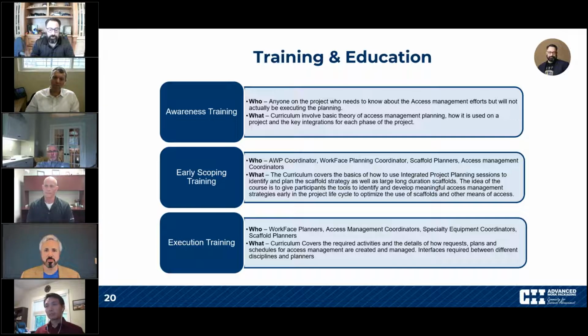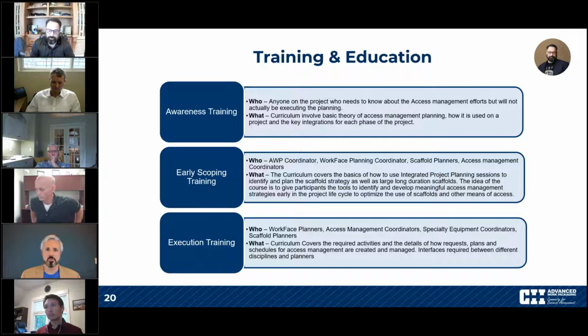Then when we go to early scoping training, now this is extremely important because one of the aspects that we've covered within this group and this research team is the requirements of scaffold planning earlier and how you can save a lot of the budget when you start planning for, say, larger dance floor type scaffolds in place of multiple small scaffolds that are built and torn down readily.